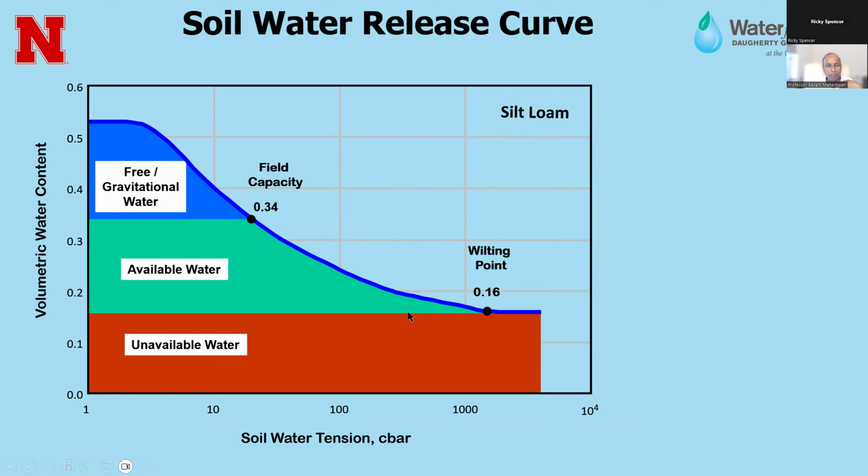Then comes the available water, between more than 10 centibars and more than 1,000 centibars of pressure. So this is the available water, and beyond that is unavailable water.